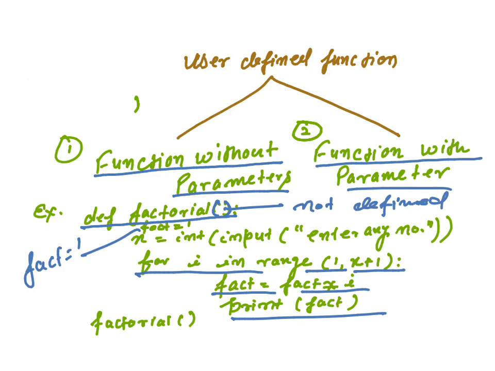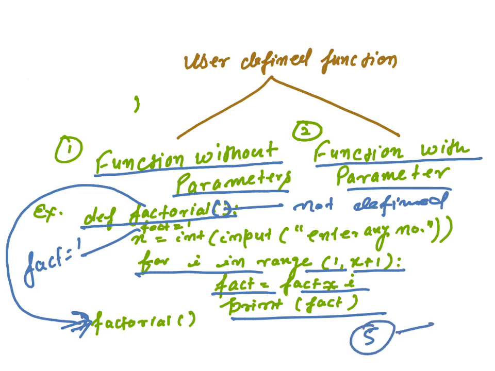Then the second step, we have to call the factorial function here. This function will be called at this place and executed here. It will ask you to enter any number, and suppose you have given 5, then it will give its factorial: 5 into 4 into 3 into 2 into 1 equal to 120.